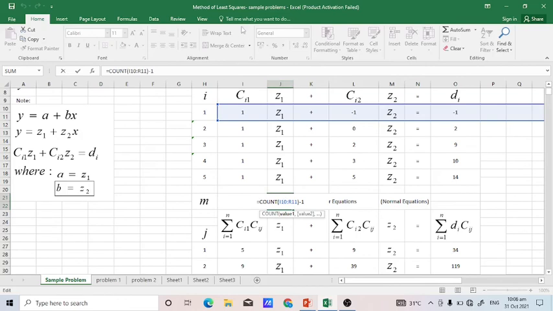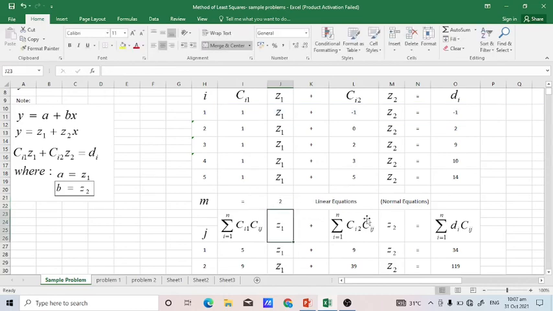Kasi meron ako ditong CI1, CI2, D sub 1, D sub I, no? So, magkakaroon ako ng 2 normal equations. Or, pwede na rin gawin nyo na lang 2. Kasi, ang topic naman natin ay method of least squares, no?